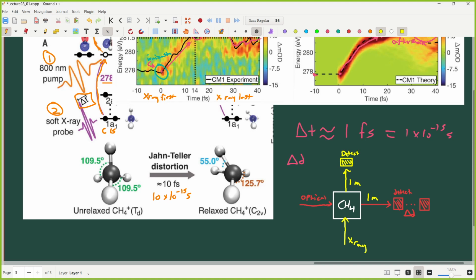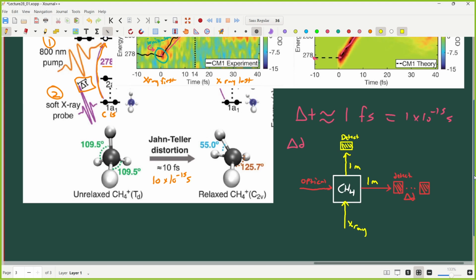But if there's a delay, we can catch them at the same time if we move the one that's delayed a little further, or the one that's earlier with the box. We can move the box a little further away, so that the earlier pulse hits at the same time as the X-ray one does.